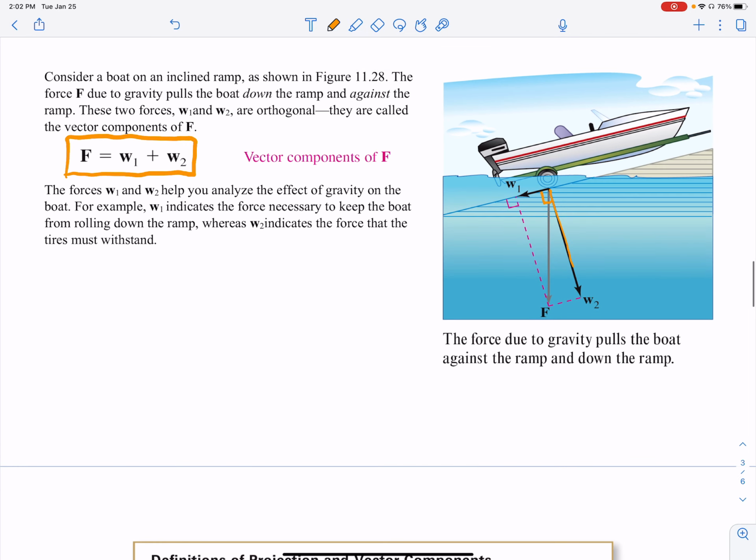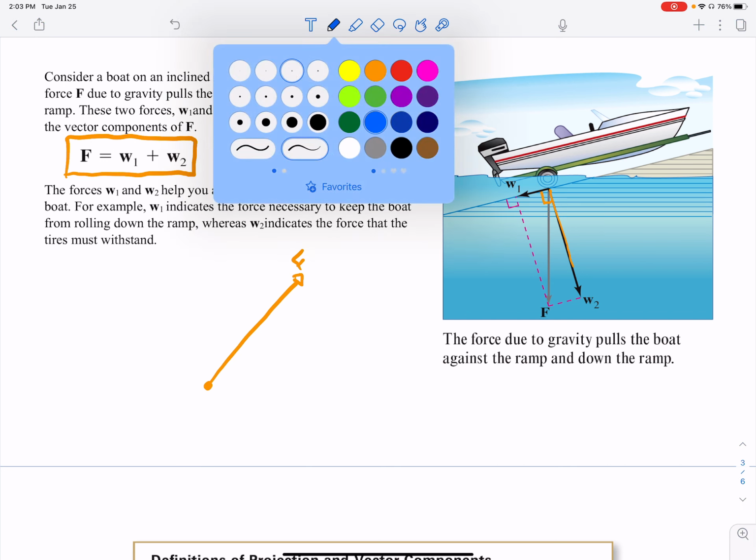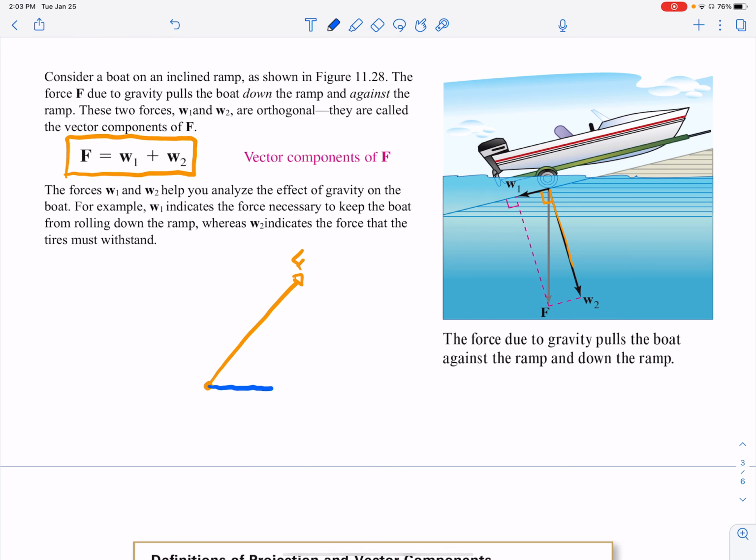What we call this W1 here. Let me go ahead and draw a picture here. Let's call this F. I'm going to draw the components here to give us more of a scope of what each one of these should look like.